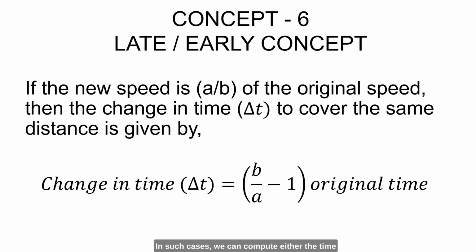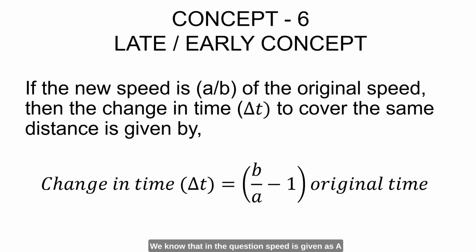In such cases, we can compute either the time which is getting delayed or becoming early because of the new speed, as well as the original time using the formula change in time del t is equal to b by a minus 1 into time.